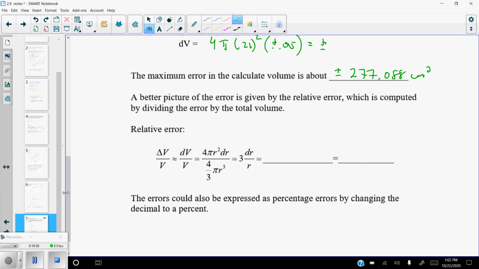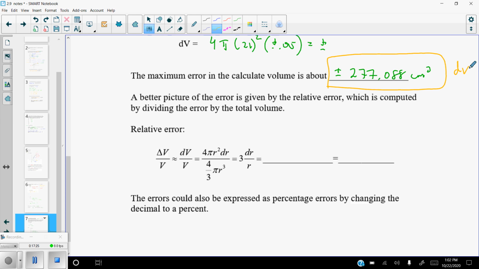So there's a lot of algebra that goes into this, but your delta V over V, that's what I just said, you're going to take what we just found to be the error, delta V, over the actual volume. But remember that delta V is approximately equal to dV. That's what we found here. That is dV. So we're basically just going to replace that and do dV divided by the volume.